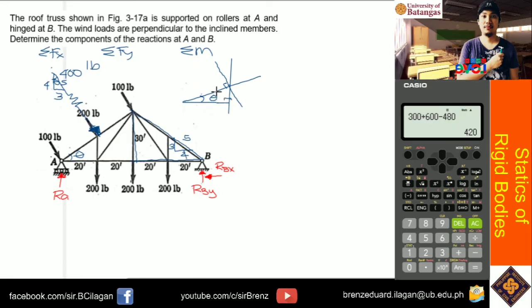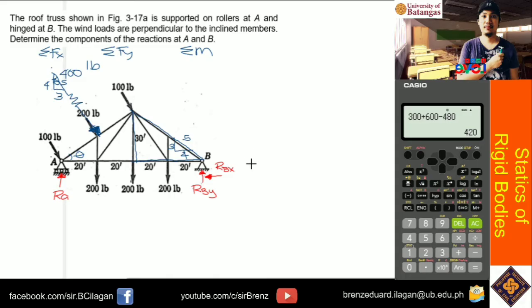Ito magiging 90, and then itong angle na to will be 90 minus theta. Kasi before, di ba ito is perpendicular din dun. So kaya nangyari, ito will be equals to theta din. And ito, kabilang side, ito theta lang din. Okay? So yun lang yung explanation din. And ito naman property lang ng mga angle-angle. So let's get back to this problem.